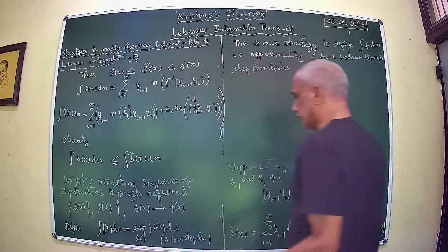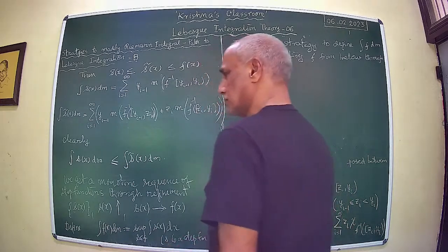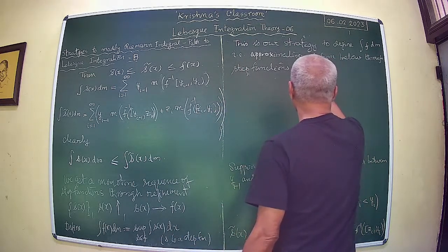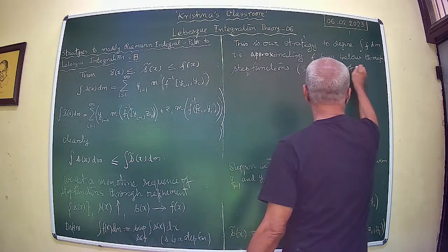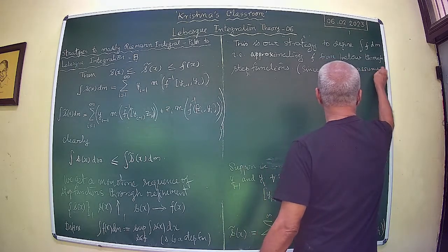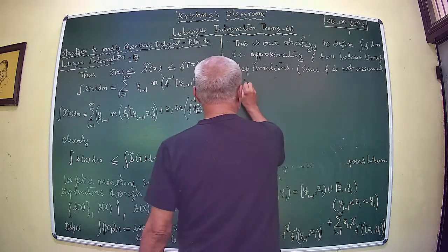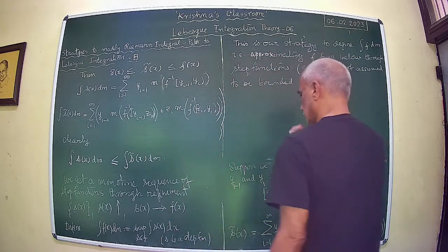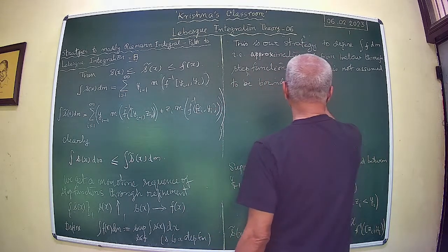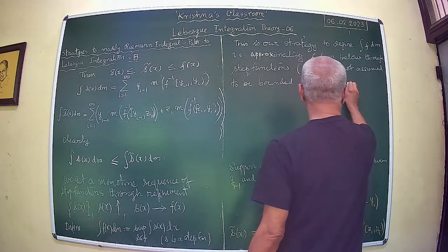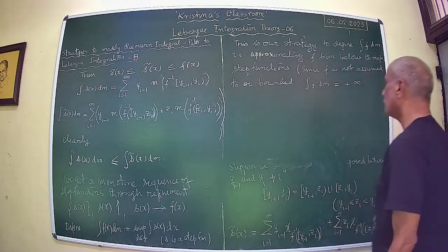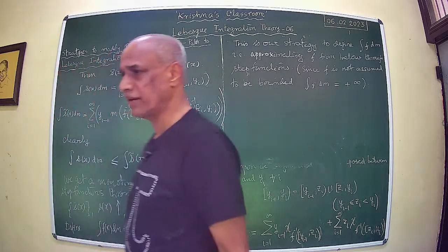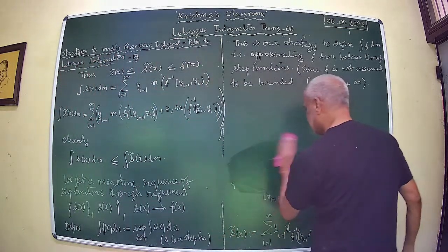Now it is quite possible that this supremum becomes infinite also, because we are not taking f to be bounded. Not assumed to be bounded. Integral f dm may be equal to infinity, that's also possible. Okay, so this is the strategy that we adopt.